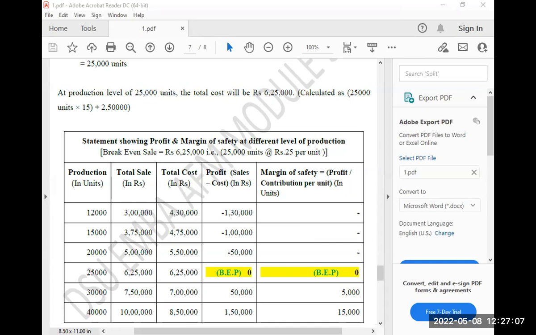You are asking something? Margin of safety? Why do you want to calculate per unit? You can calculate in total. Margin of safety you can calculate in value or in units, but it is in total. There is nothing called margin of safety per unit.